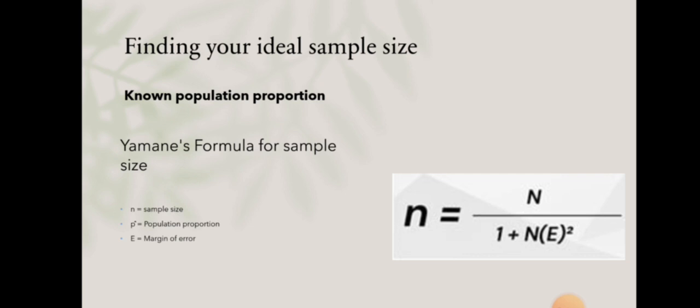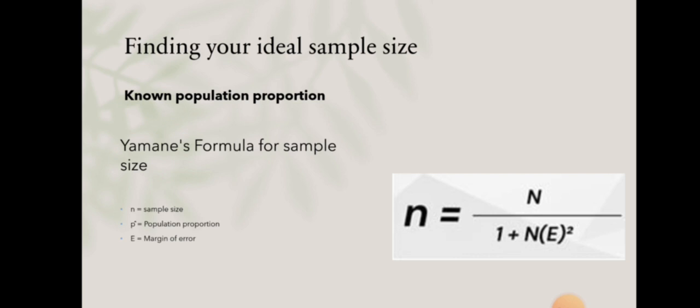As shown on the right side, small n is equal to capital N over 1 plus capital N times E square. Small n means the sample size. Capital N means the population size. E means the margin of error.